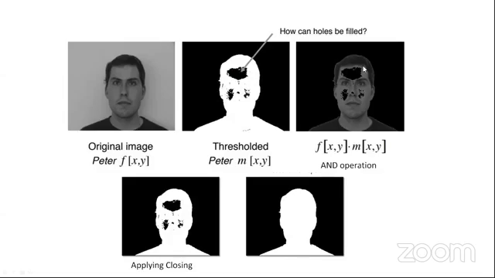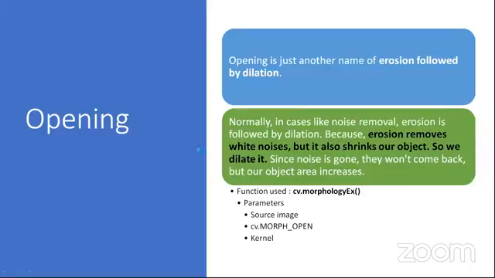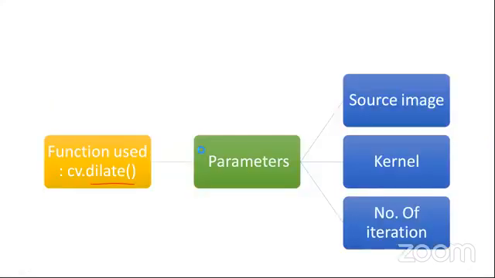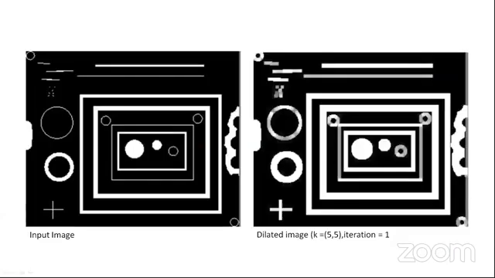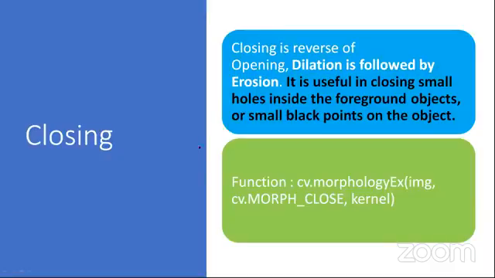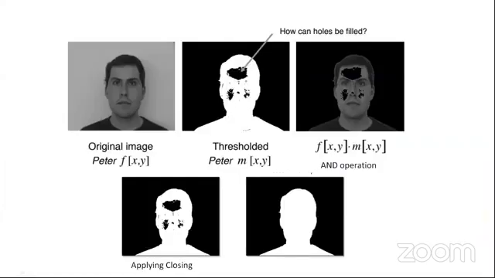I will go on because we have very less time, and we need to cover the applications also. What we will do: first we will apply the dilation, because the dilation will reduce the black noise here.